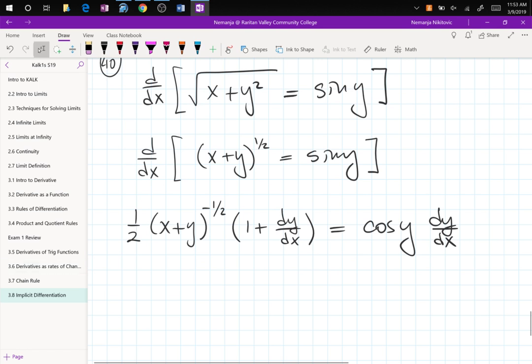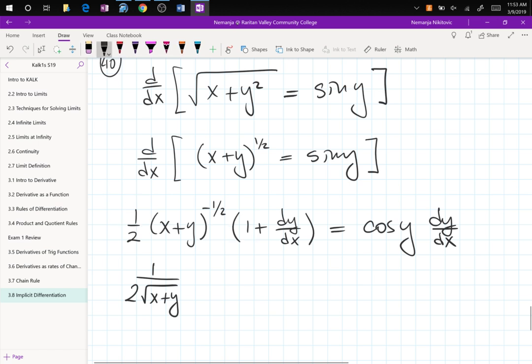On the left-hand side, I have to distribute. So the first term is 1 over 2 square root of x plus y, because the negative 1/2 is the square root in the denominator because of the negative. The 2 is in the denominator. So all I have in the numerator is this 1 times this 1, and 1 times 1 is 1.